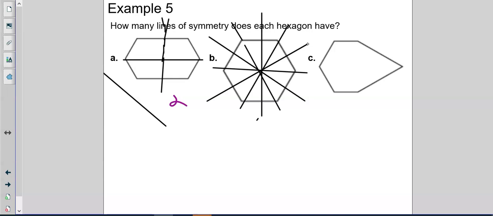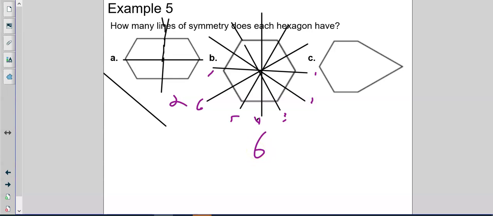Okay, so I drew 1, 2, 3, 4, 5, 6. This right here is the same one. So the answer is 6.